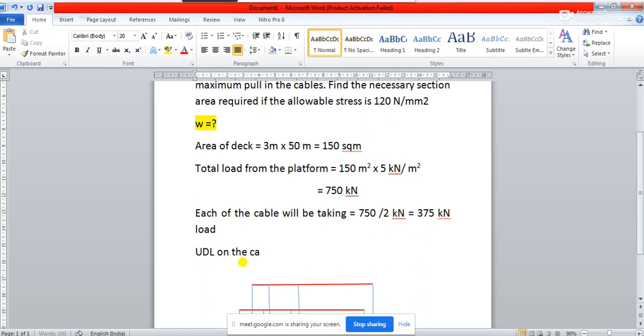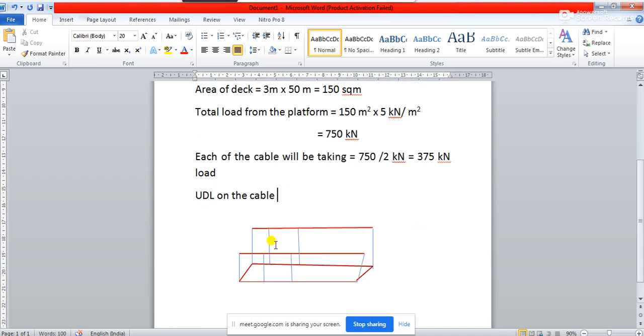As I have told you, if you remember, through the hangers, when the load from the bridge is transferred to the cable, ideally the assumption is that the load will be transferred in the form of a uniformly distributed load, because these hangers will be so closely spaced that you can assume the load will be transferred just like a UDL.